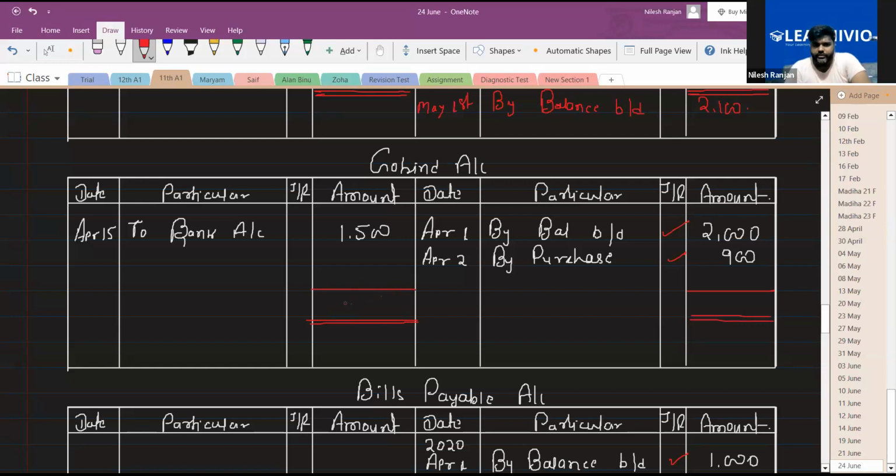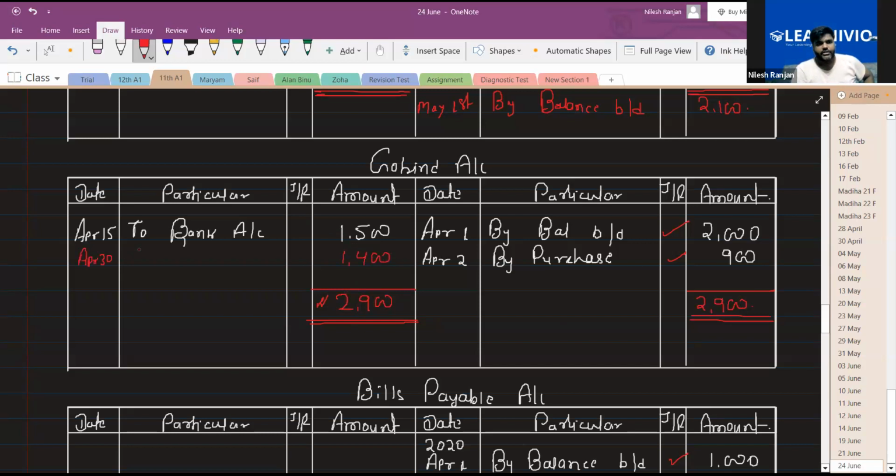So what should be written here? 2,900, right? The highest. Yes, very good. So the higher total will be written on both sides. And from this 2,900, this 1,500 will be deducted and it will be 1,400.